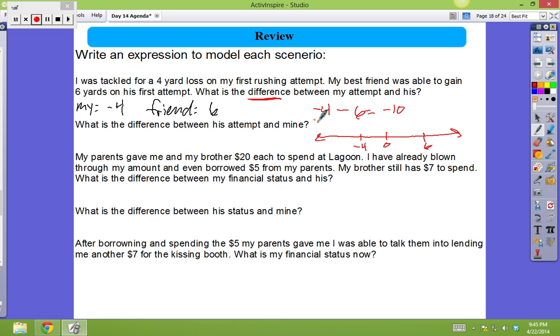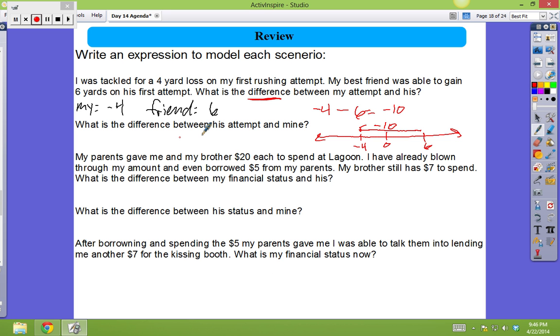The difference between me and him, I'm going to start on him and work from him to me. So between these two, the distance is 10, but the direction is negative.